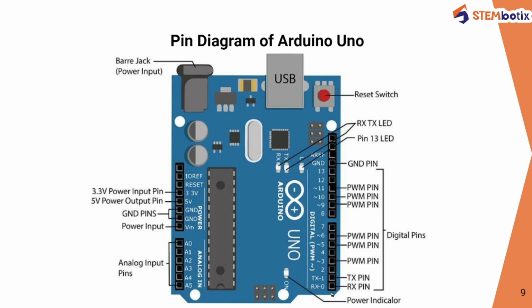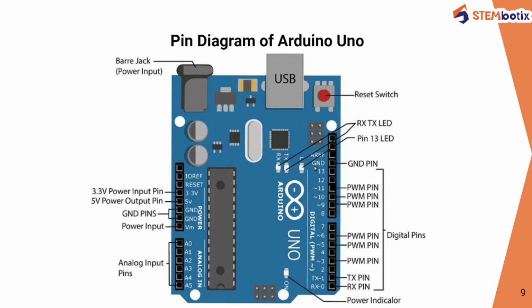On your board there are different numbers, different letters written over it, and different kinds of switches and components. From this 0 to 13, these are the digital pins which are available on the board. So from 0, 1, 2, 3, 4, 5, 6, 7 up to 13, these are the digital pins.